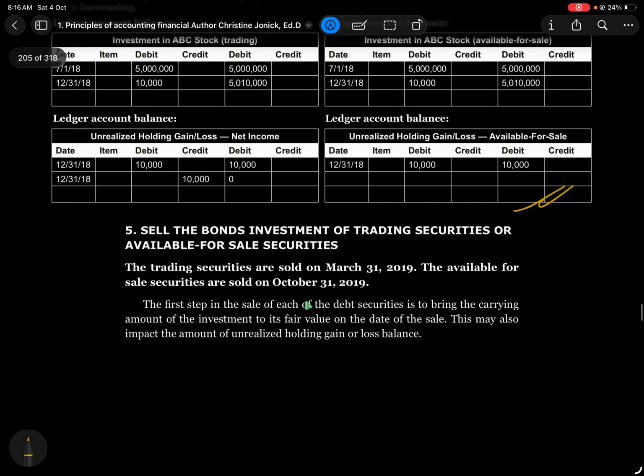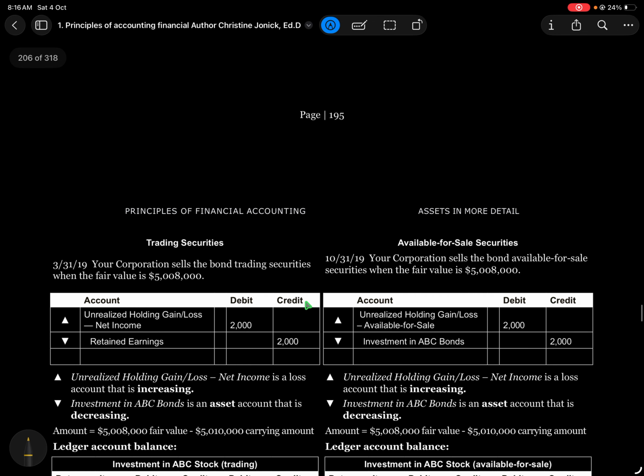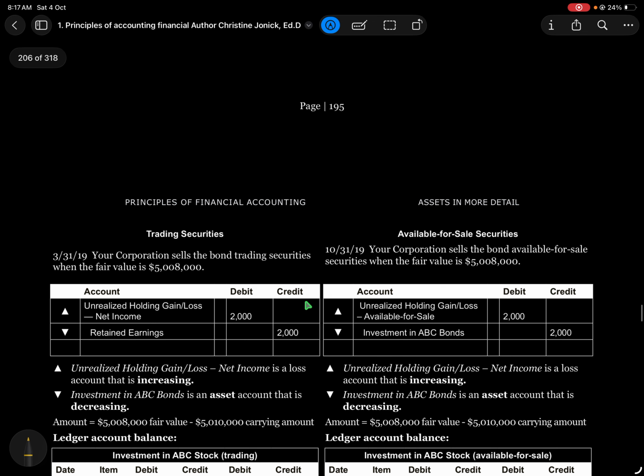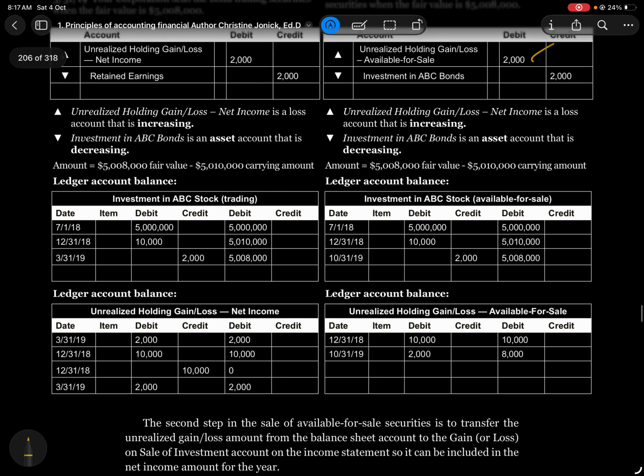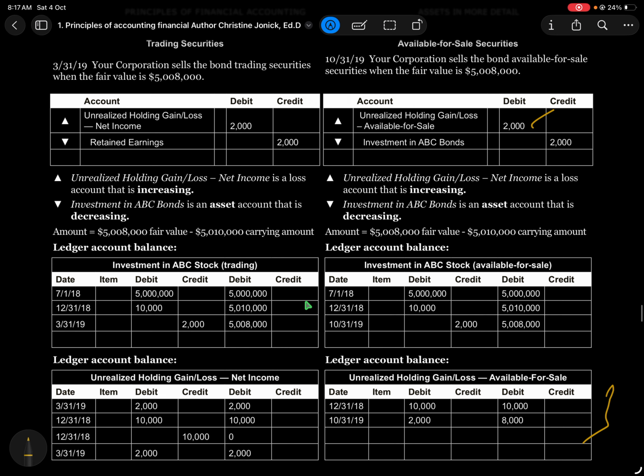So whenever we sell it, right, in that scenario, what would happen is basically we recognize this unrealized holding, right? So our ledger account would look something like this in case of available for sale securities, right? So our book value was how much? Fair value was this much, carrying amount was this much. So we had a loss of 2000, right?